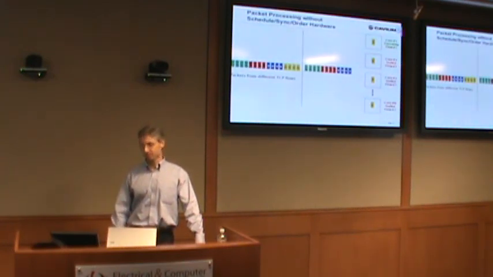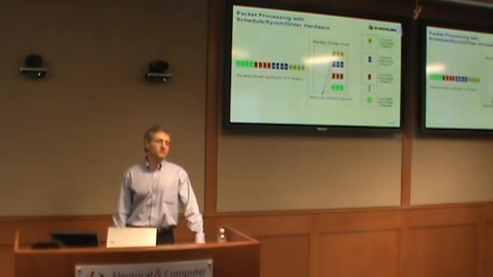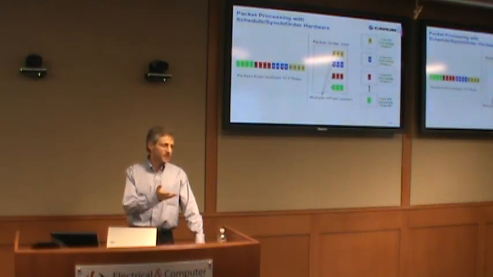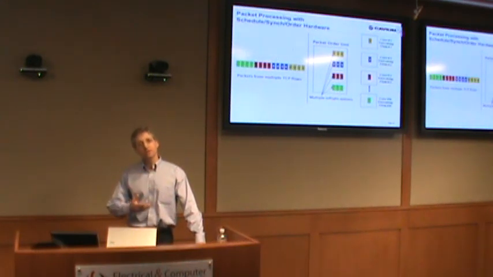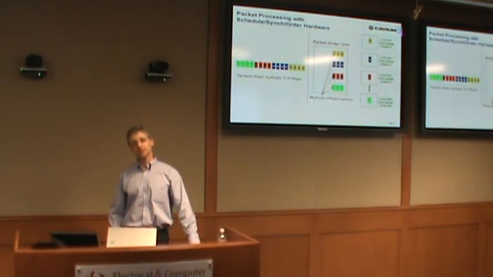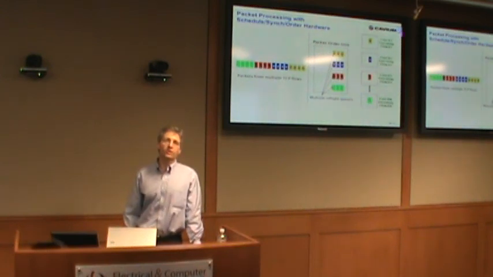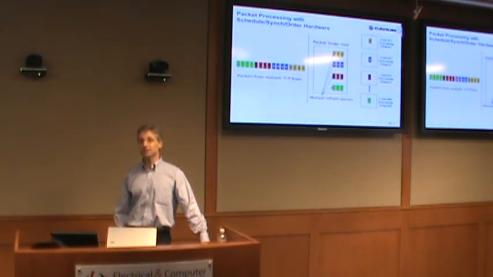But the other cores may be stalled, sitting there waiting for access to that, so your performance would be really bad. So what you really want to do, in that scenario where you do have synchronization constraints between multiple packets from the same flow, is essentially create different queues for the different flows. And that's what our schedule sync order hardware does. The packets come in, they get ordered based on tag into lists corresponding to the tag, and things can be scheduled out of order relative to the order that they came into the machine.